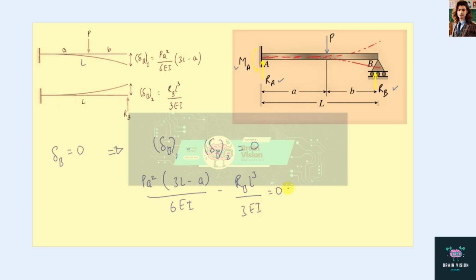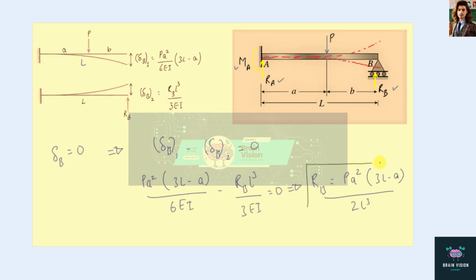From here we can easily calculate the expression for RB. RB equals P a squared times (3L minus a) divided by 2L cubed. So this is the required expression for RB.